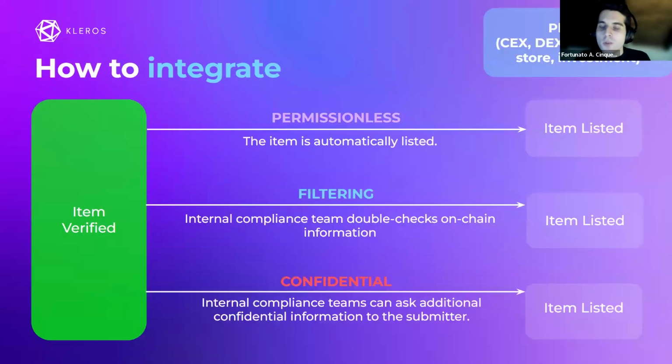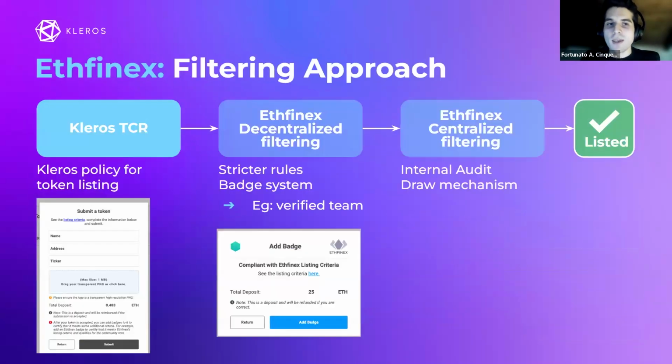Now, really briefly, I wanted to show you how we handle the filtering approach with Adfinex. They had a multi-step verification. At first, let's say they got their token listed on what was the ancestor of Kleros Scout, which was Kleros token curated registries.